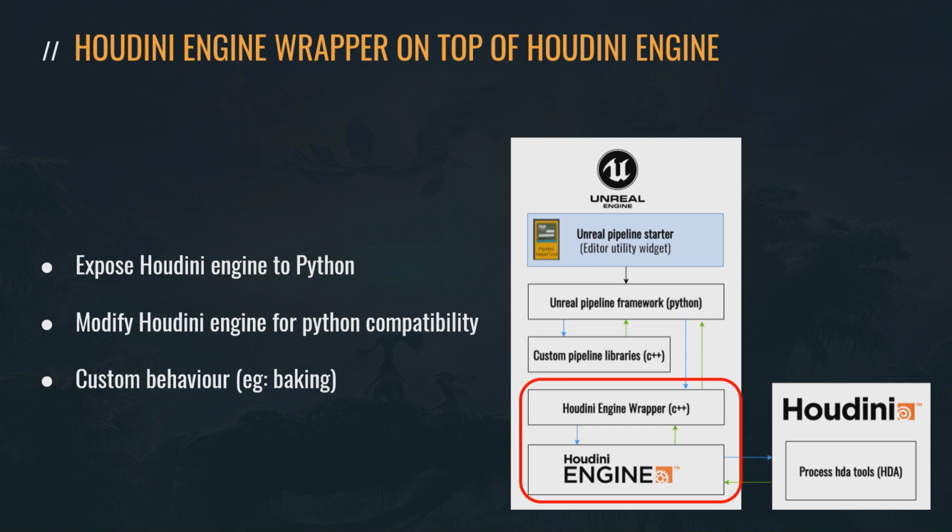We are faking that cooking, and that's why we created the Houdini Engine wrapper, because we want to keep our custom logic as much as possible outside of the Houdini Engine. When we update the plugin, we try to stay as close as possible to the new features they provide, and we don't want our logic to disappear. It's way easier to maintain for us.